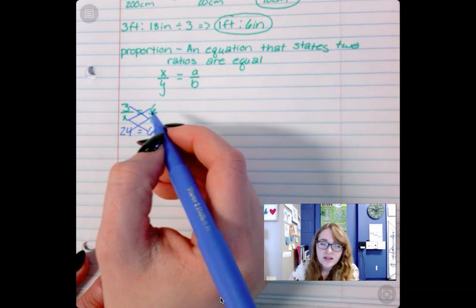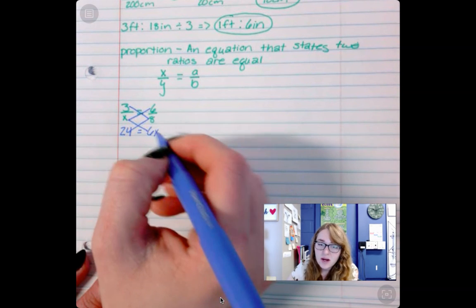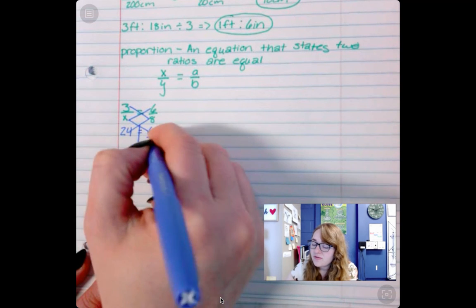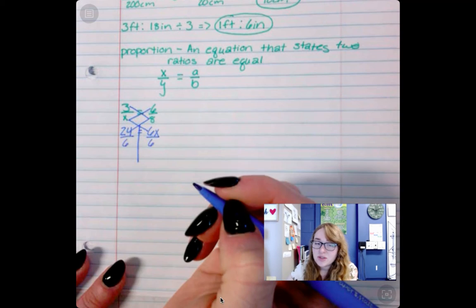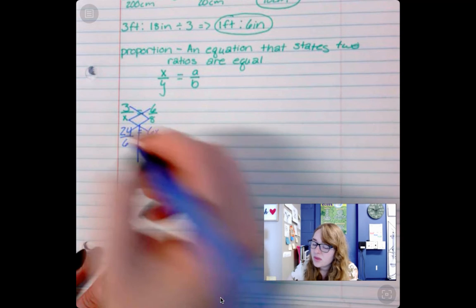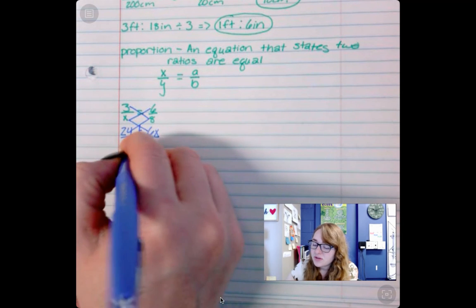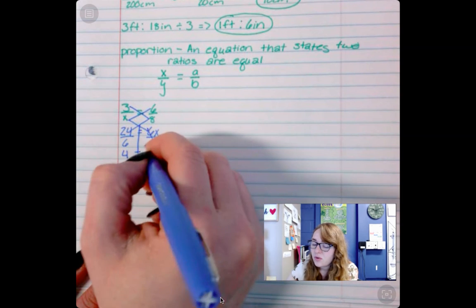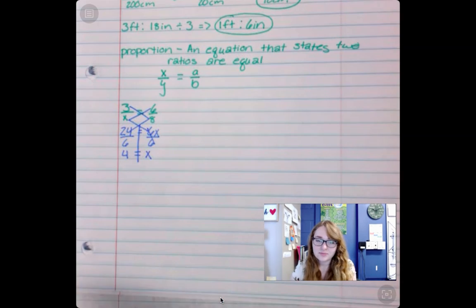On the other side, top right times bottom left gives us 6x. To solve for x, we divide out by that coefficient of 6 once on each side of the equal sign. 24 divided by 6 gives us 4. Multiply by 6, divide by 6, those cancel because they go to 1, leaving us with just that x.